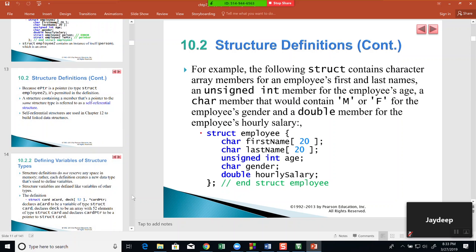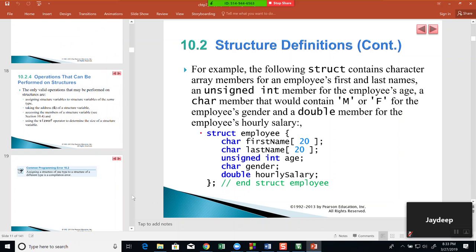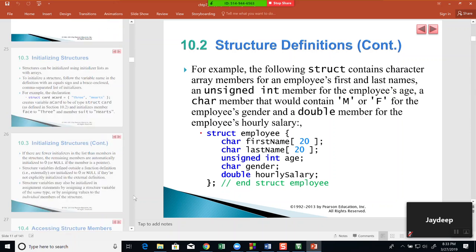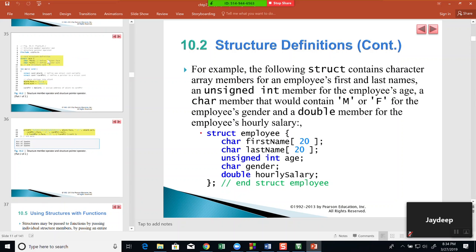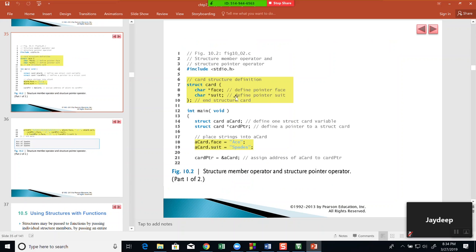Now, the question is, where do you put that? Let's see, is where there's code. Got to be kidding me. Not one code example. The structure is above the main.